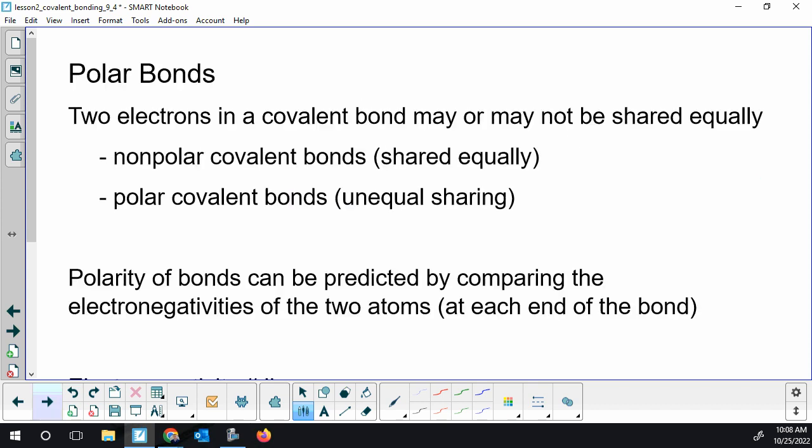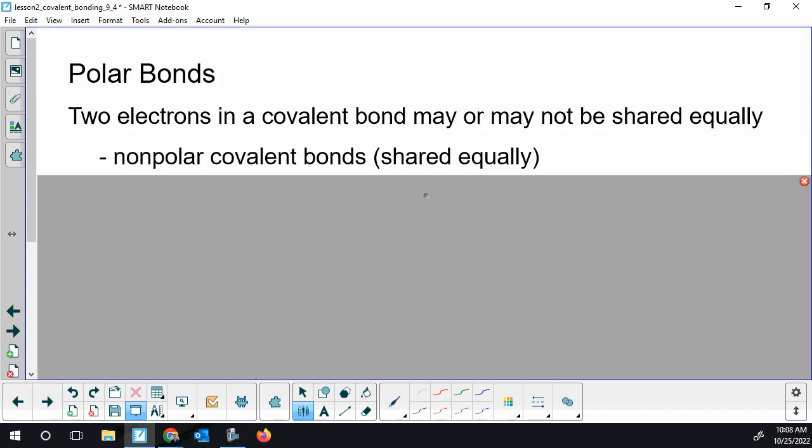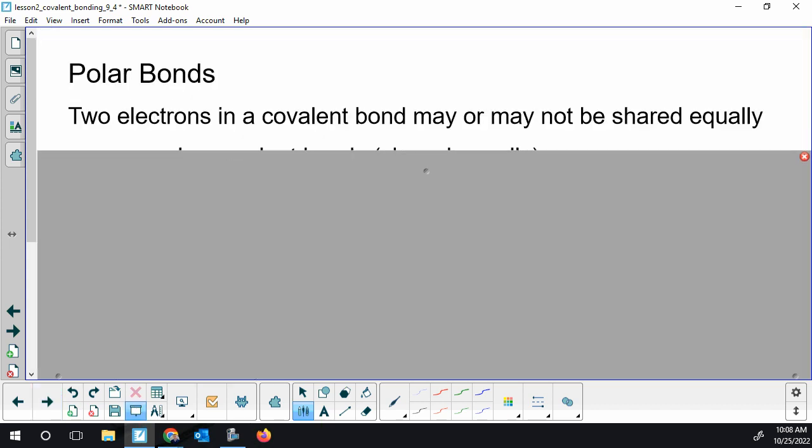Last bit, polar bonds. We're talking about sharing electrons. We don't have ionic bonds where something robbed and something got robbed. If you have sodium chloride, sodium was robbed blind.